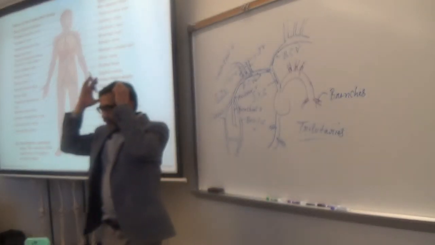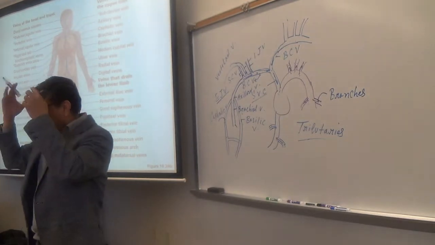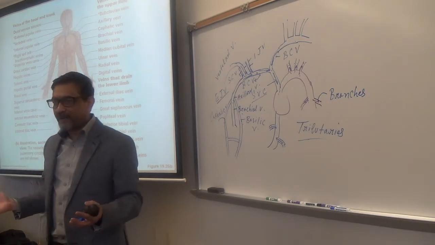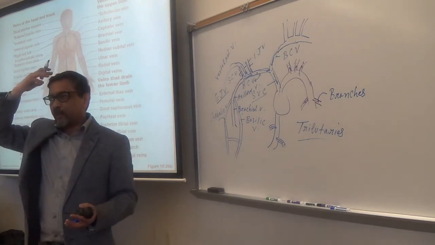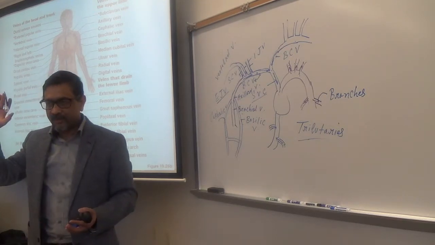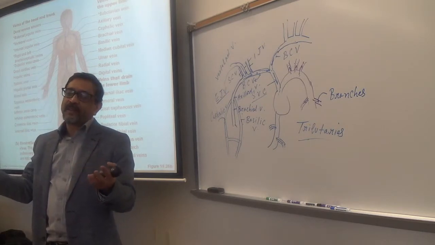Now you tell me, should internal give blood to the inner part of the head or the outer part? Internal, inner, right? So most of the venous blood from the brain is given to the internal. Make sense?